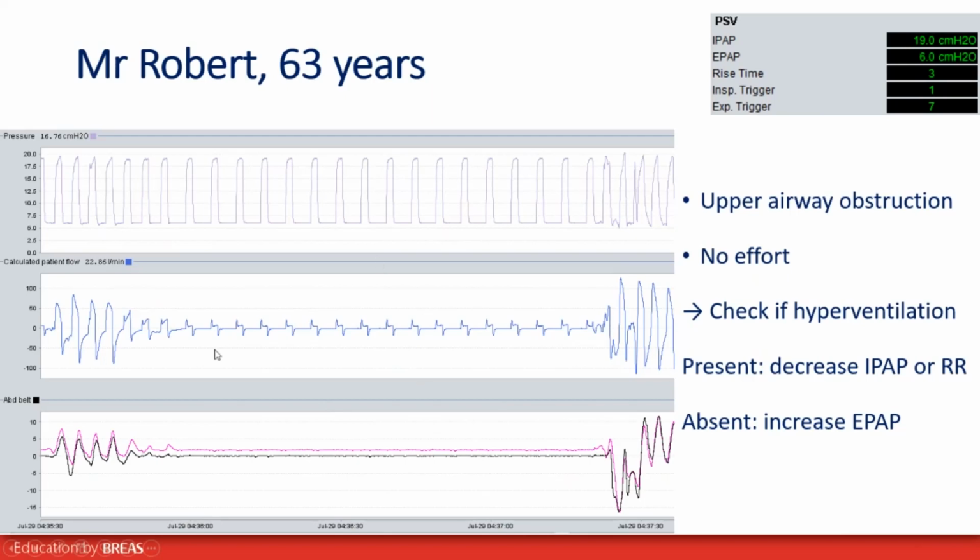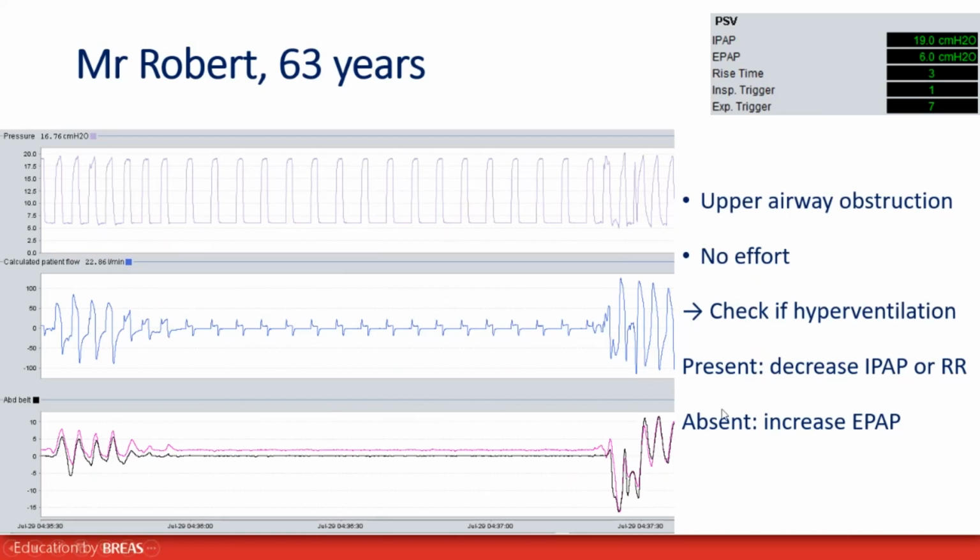So this is why we would perform a transcutaneous capnography in this case. If we find that the patient has hypocapnia, we will decrease IPAP or decrease the backup respiratory rate in order to correct the hyperventilation.